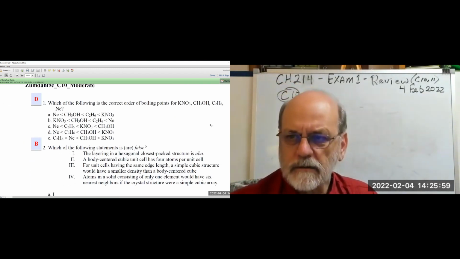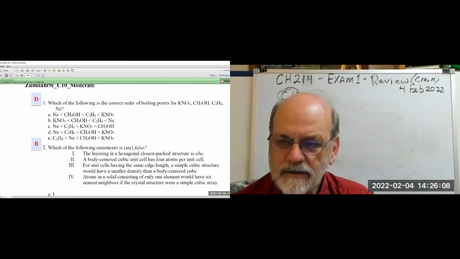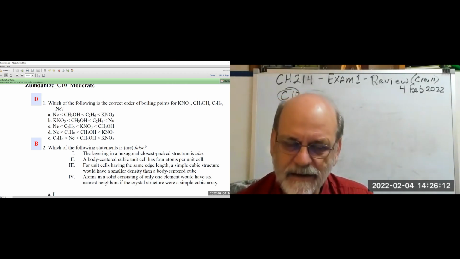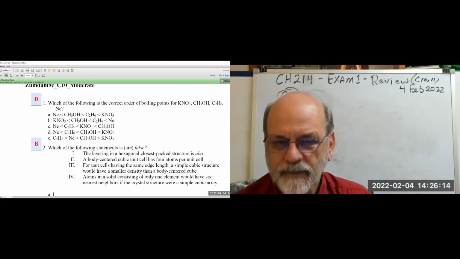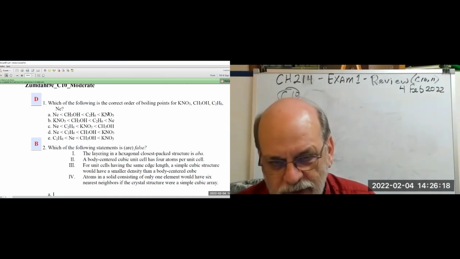Which of the following is the correct order of boiling points for KNO3, CH3OH methanol, C2H6 ethane, and neon? So it looks like they're all going from left to right, increasing boiling point from left to right.